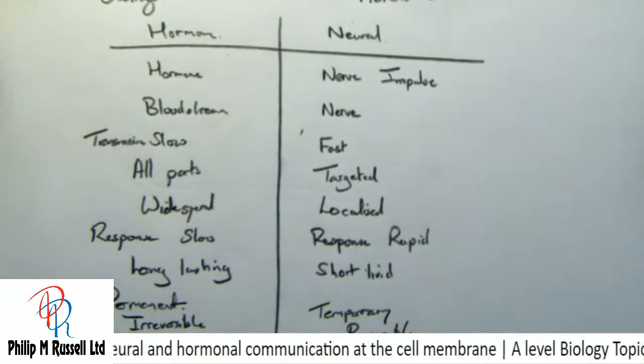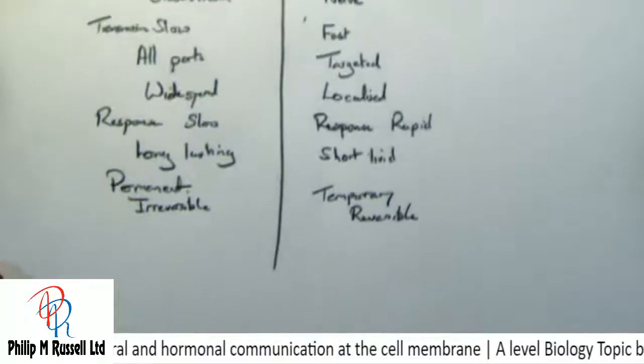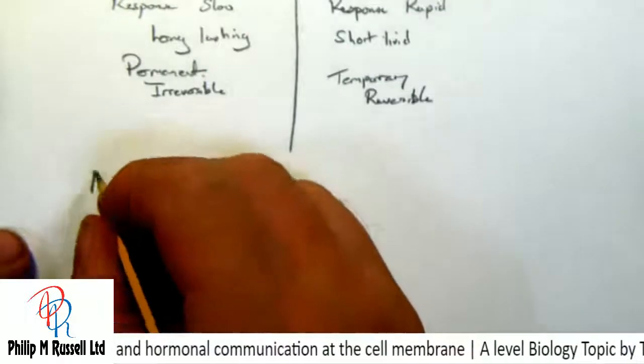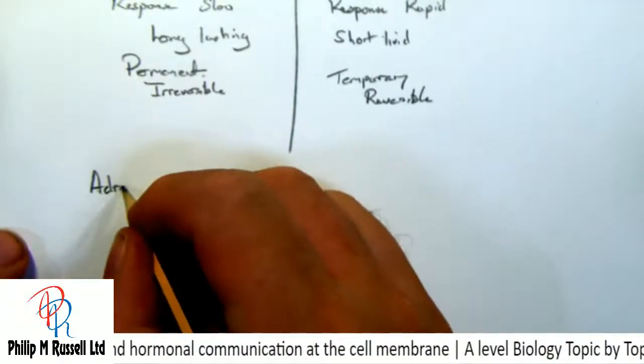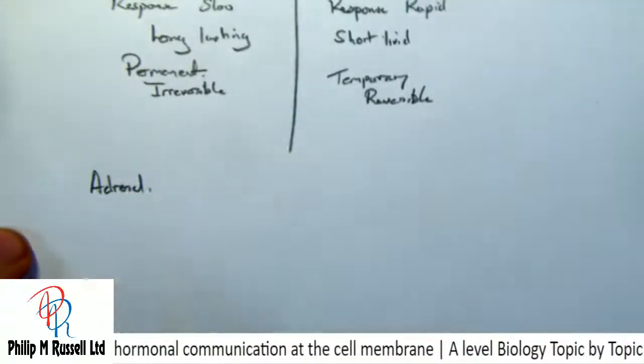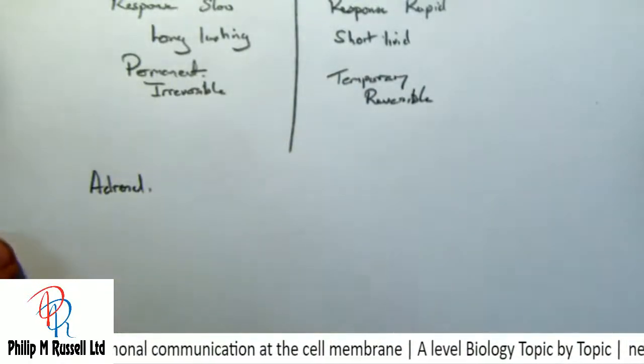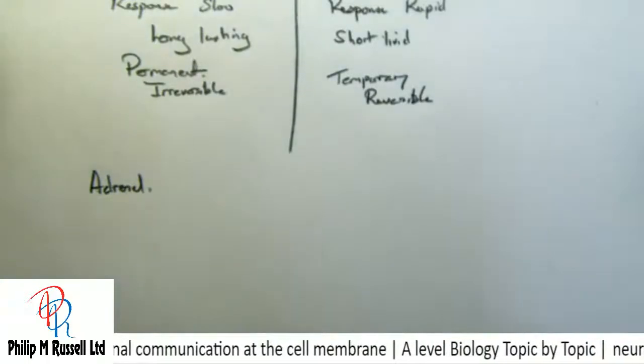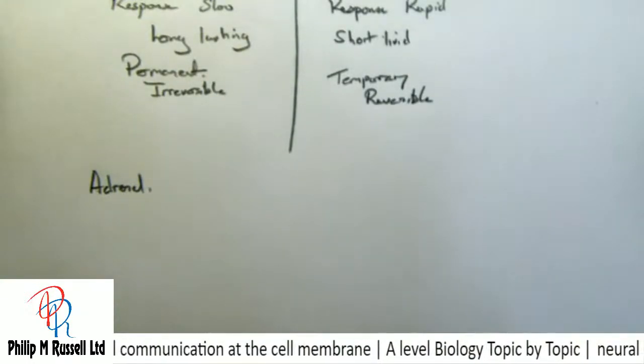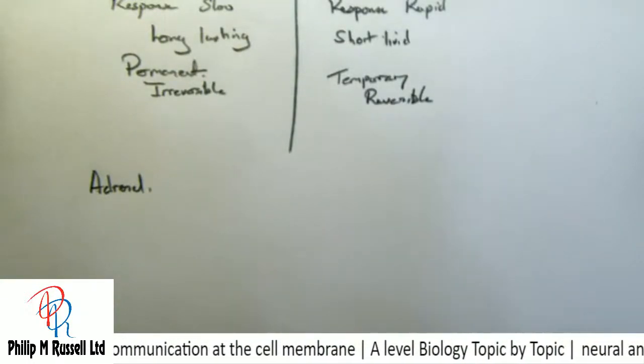If we look at perhaps just one of those very quickly, we might look at the adrenal gland. And the adrenal gland here sitting on top of the kidney is going to produce different types of hormones.